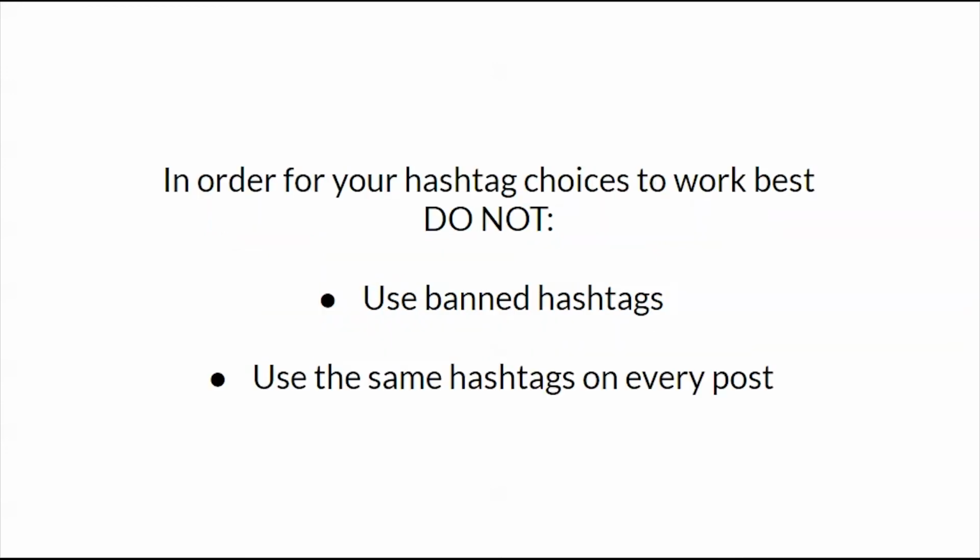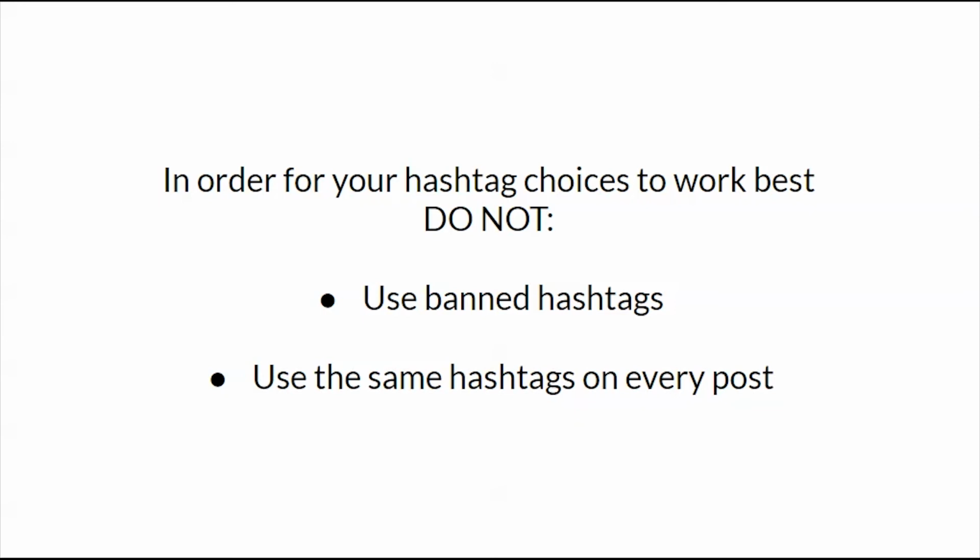In order for your hashtag choices to work best within the algorithm, there are two things you should not do. The first of which is to use banned hashtags. Now, over the last few years, Instagram has been working very hard to attack spam accounts or inappropriate content accounts.